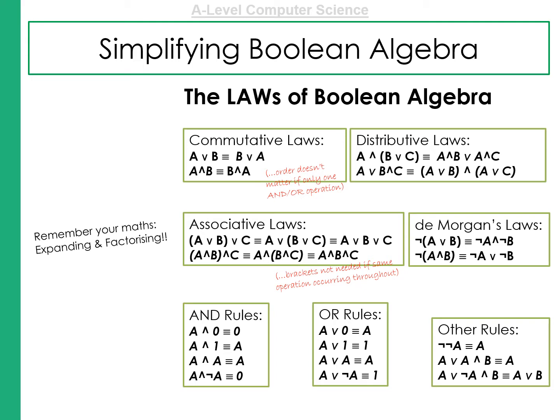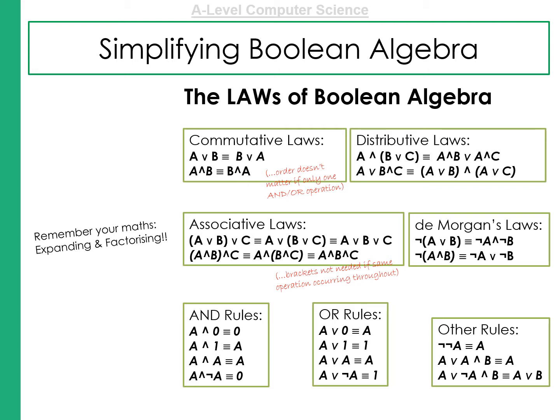If we're using an OR, we can simplify that and remove those brackets. It's actually the same when we've got ands as well. It doesn't matter where the brackets are. (A and B) and C is exactly the same as saying A and (B and C). The brackets are not needed in these instances.